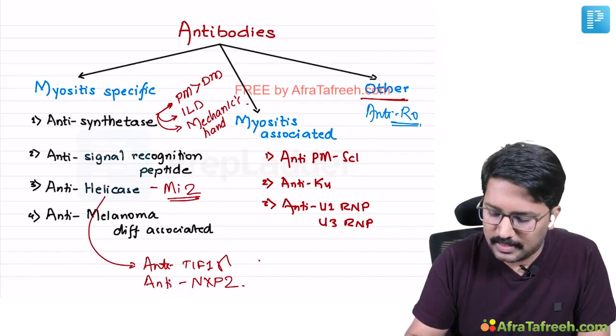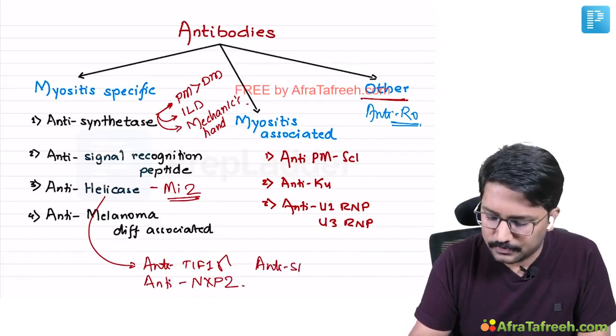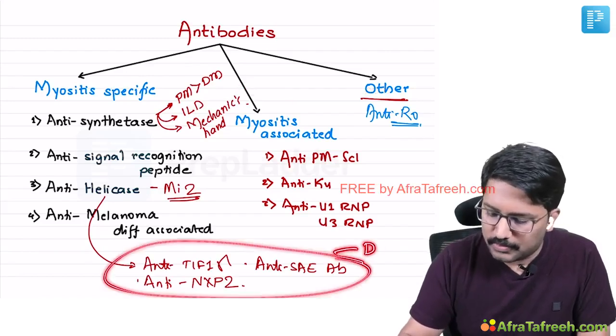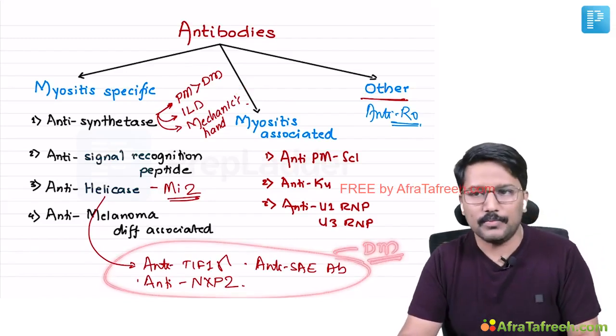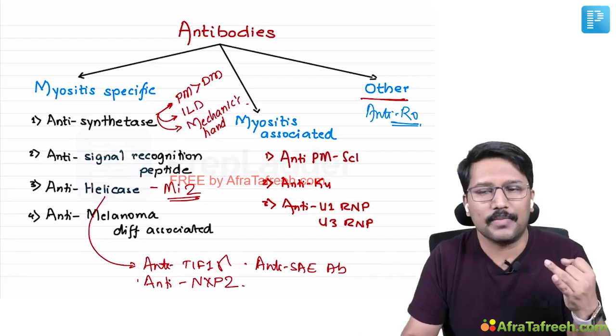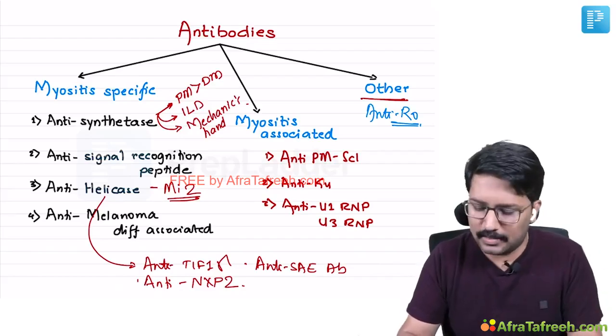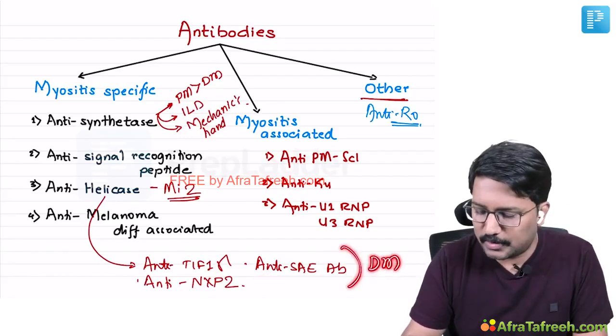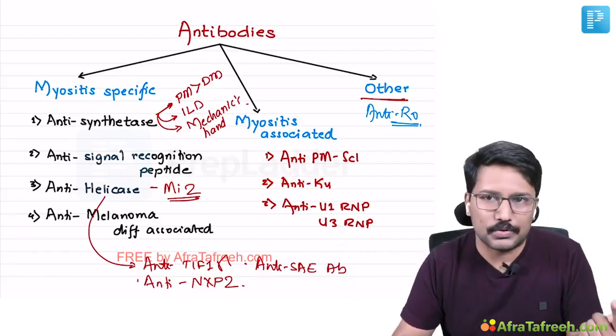And anti-SAE antibodies. Now these are all very specific for dermatomyositis. So remember this point, right? This anti-helicase group, the anti-Mi2, anti-TIF1 gamma, anti-NXP2 and anti-SAE antibodies, these are all associated with dermatomyositis. So they correlate with skin changes also, right?